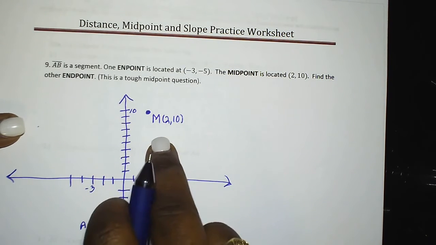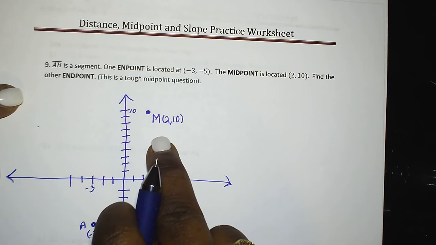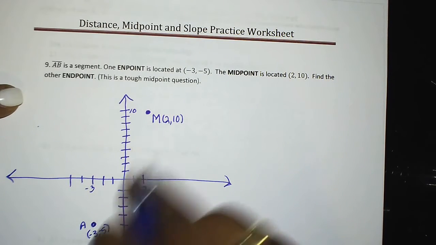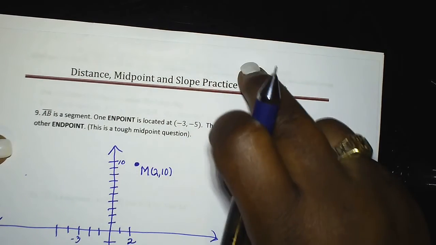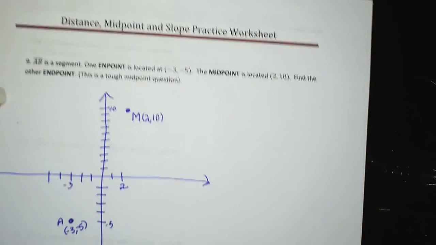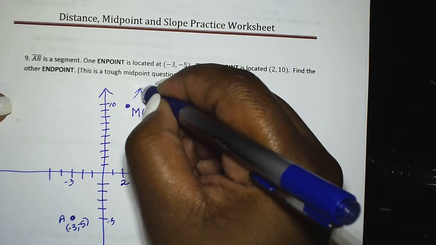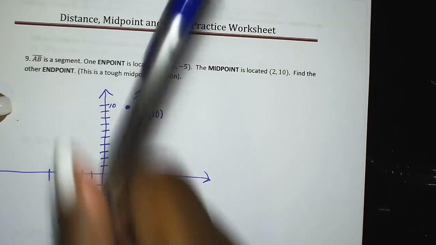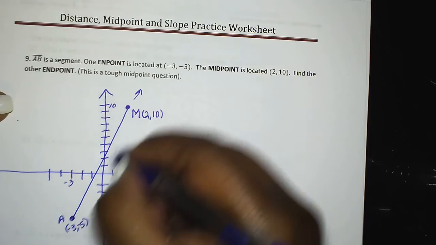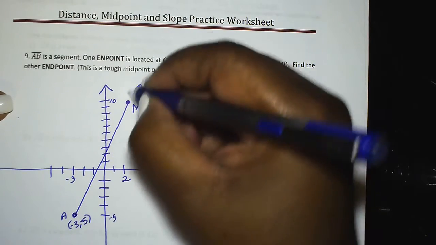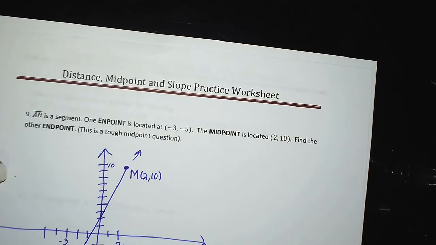So I got point A, then I got the midpoint, and it says find the other endpoint. So if that's the midpoint, that means the other endpoint is going to be over here somewhere, right? We know the other endpoint is in that direction because we got segment AB. So this A to M is going to be an equal distance to wherever B is going to be located.